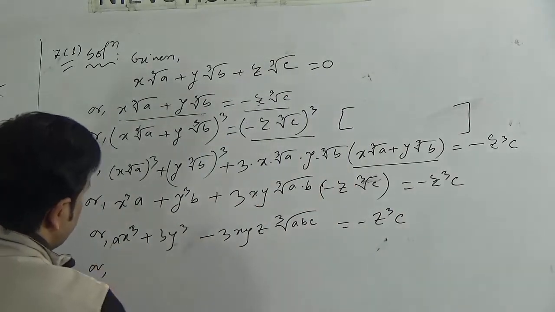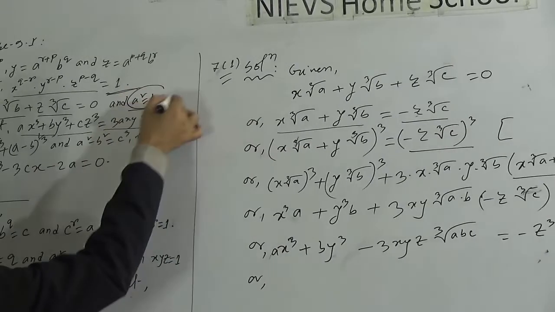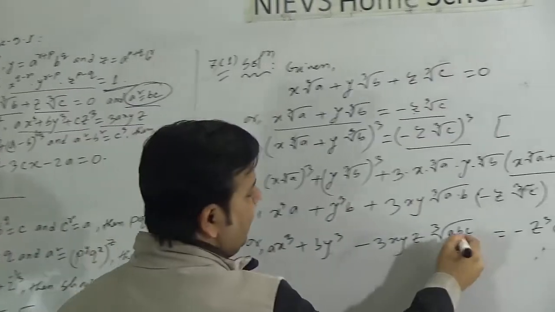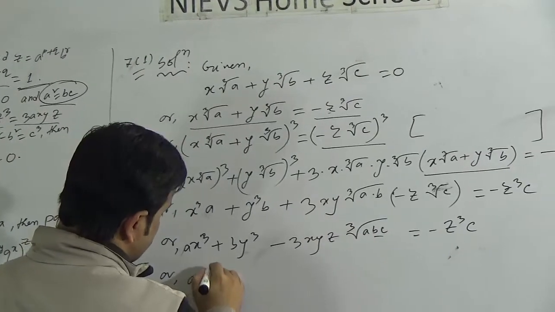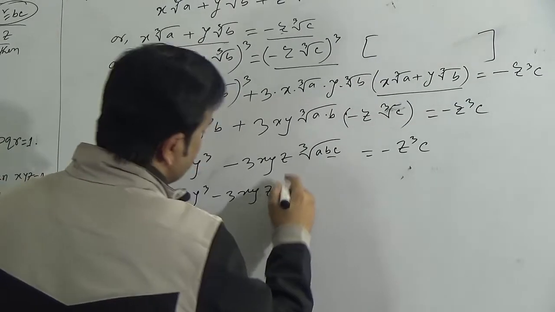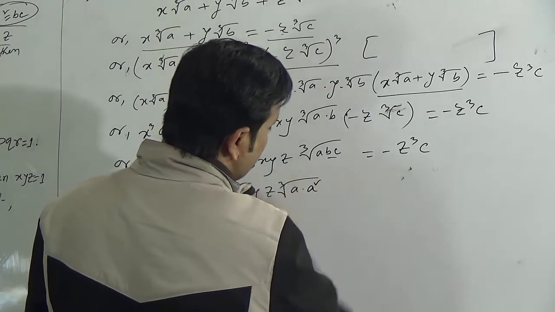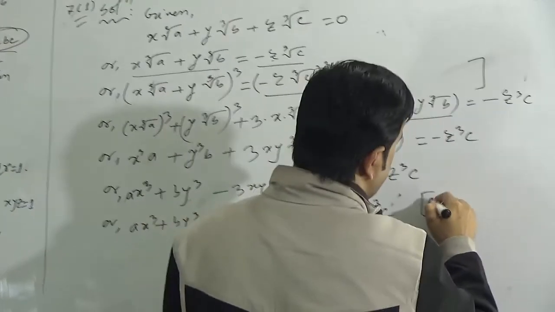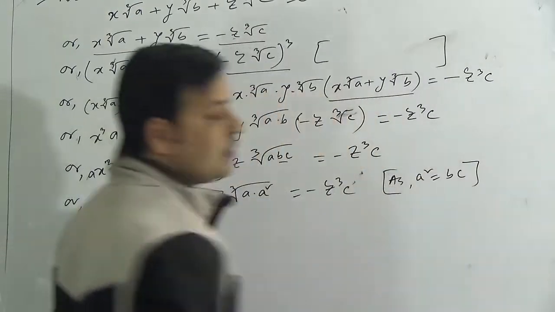Now dear students, if you notice the question here, a condition is given, that is a square equal to bc. Now we can put the value of bc as a square, so we can write a x cube plus b y cube minus 3 x y z cubic root A into a square, that is equal to minus z cube C. We can use the side note as a square equal to bc, this is given.